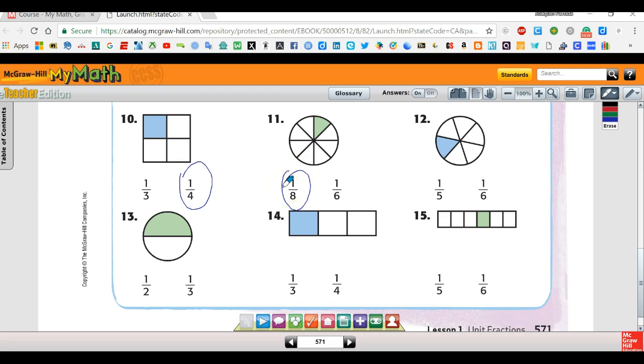Number 12, 1/5 or 1/6? 1/6. Again, one shaded in out of 6 total. 13, everybody? 1/2, a half. 14? 1/3, yeah, because there's 3 and one shaded in. And then 15? 1/6. Excellent.